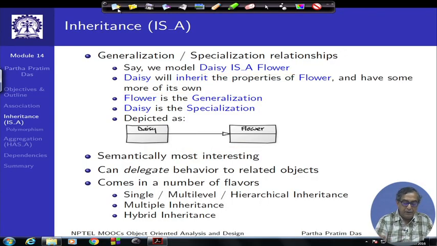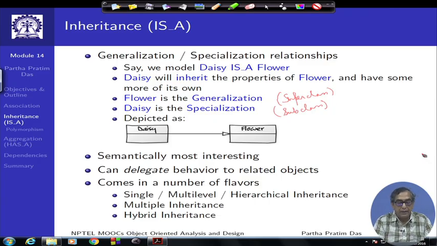And terminology wise, we will say flower is a generalization, often also referred to as superclass, and daisy is a specialization referred to as subclass. If you are coming from experience of some of the OOP programming languages, then you will find other equivalent definitions.